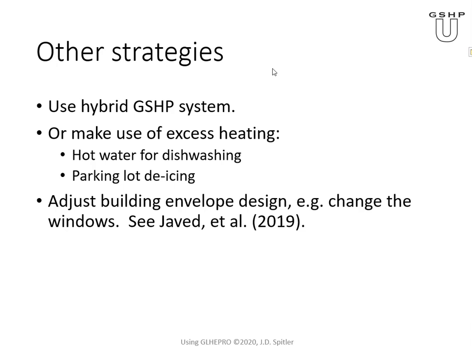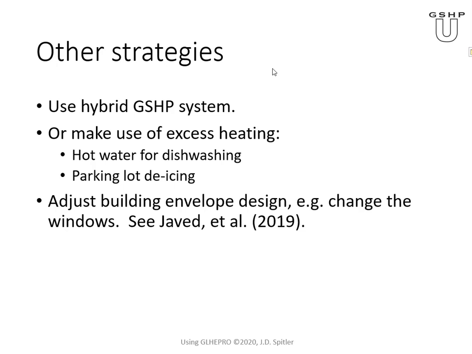Another intriguing possibility: in a paper published by one of my colleagues at Lund University in Sweden, he and his team were designing a school in Oslo, Norway, and he basically showed that by adjusting the building envelope design, you could do that at the same time you adjusted the ground heat exchanger size to get an overall optimum solution.